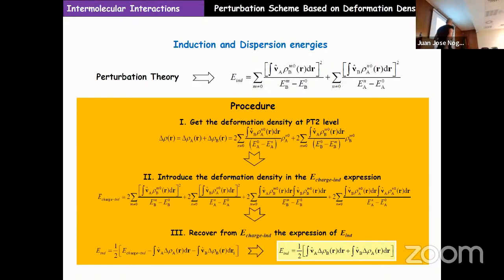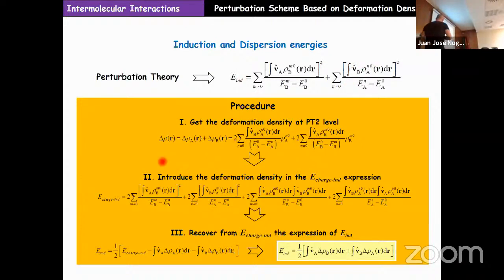And how do we extract induction energy from this term? First, this is the expression of induction energy in perturbation theory. It's the same expression I showed you before, but now in terms of transition densities. These densities, rho B and rho A, are transition densities, from the ground state to an excited state M in B and also in A. This is the expression of induction energy.